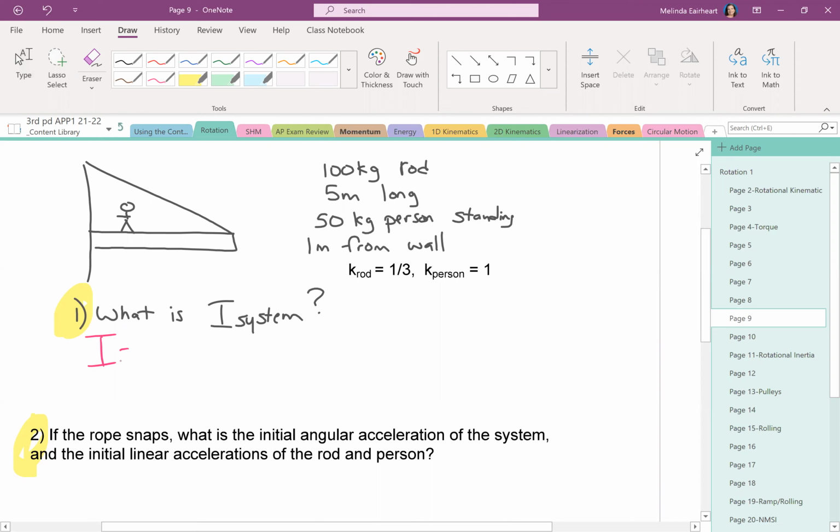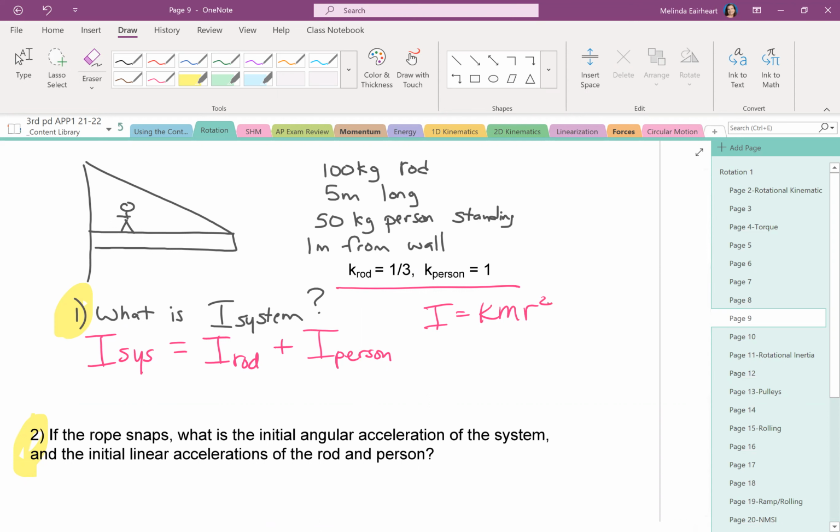So I system, oh, okay. Sorry, I thought y'all had already got it. I rod plus I person. Each one has that kmr squared. So the shape constants are given here. And just a reminder, inertia is that k shape constant times mass times this radius or length squared, okay?